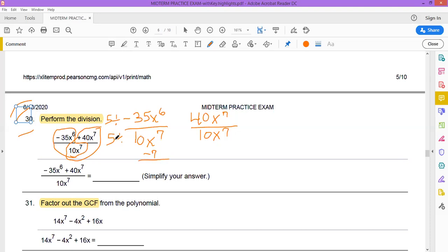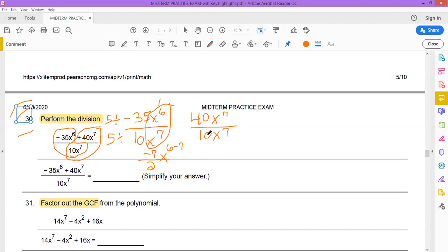And 10 divided by 5 gives us 2 in the denominator. Now, with regards to the x terms, remember when you have terms that have the same base, x, you're going to subtract their powers. So that will be x, and our powers, 6 minus 7. It's always top power minus bottom power.